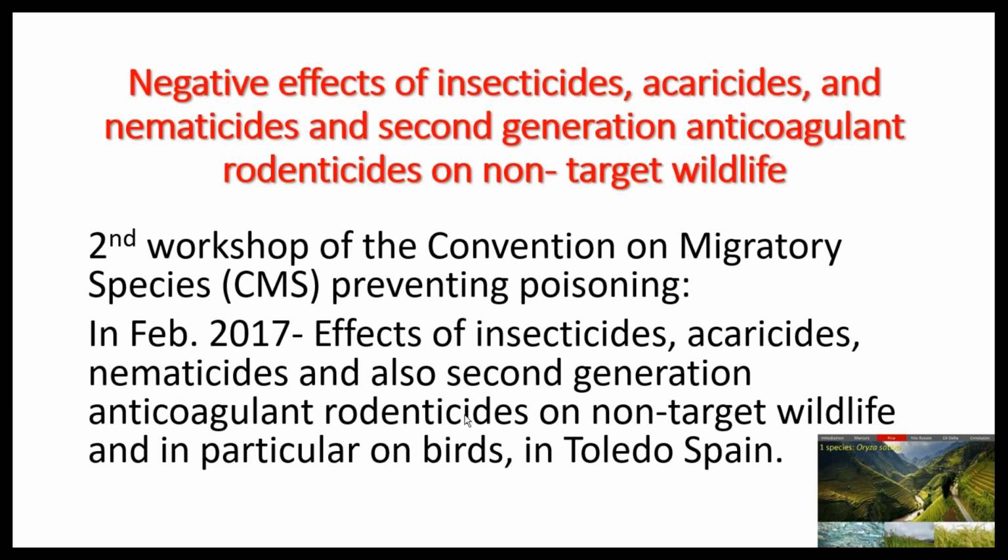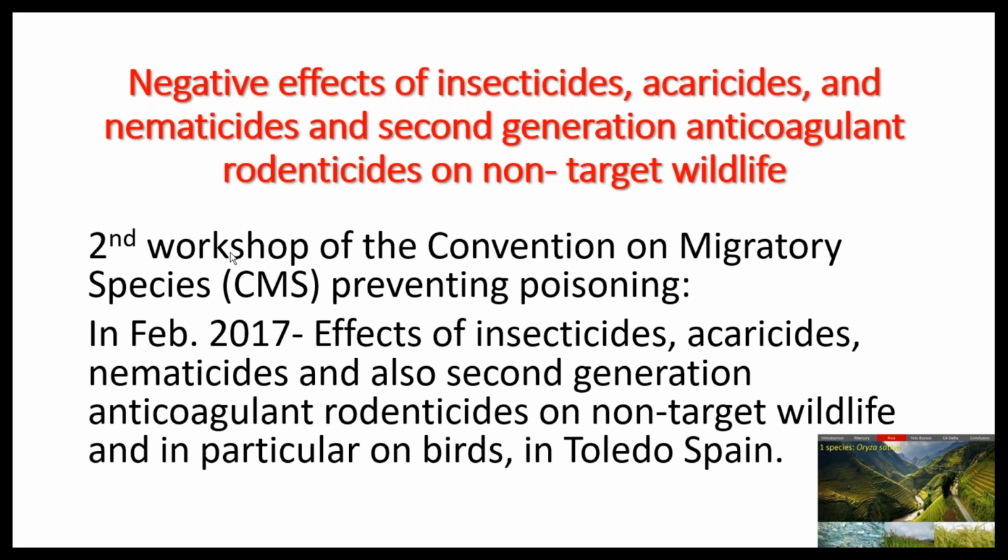As I mentioned, in Toledo, Spain, I did a presentation for the UNEP CMS preventing poisoning about 2 years ago, in February 2017. I showed how insecticides, acaricides, and nematicides, these three groups of pesticides, are related to each other by formula.